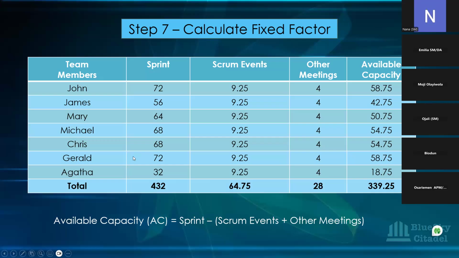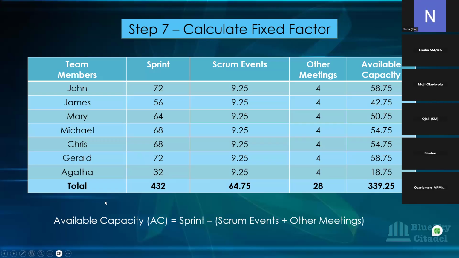So from 432, you can see that by the time we remove the hours for Scrum ceremonies and other meetings, it's coming down to 339.25 hours total for the whole team. And remember, we started from 520, but because we need to put all these factors in and remove these hours, this is the available capacity.